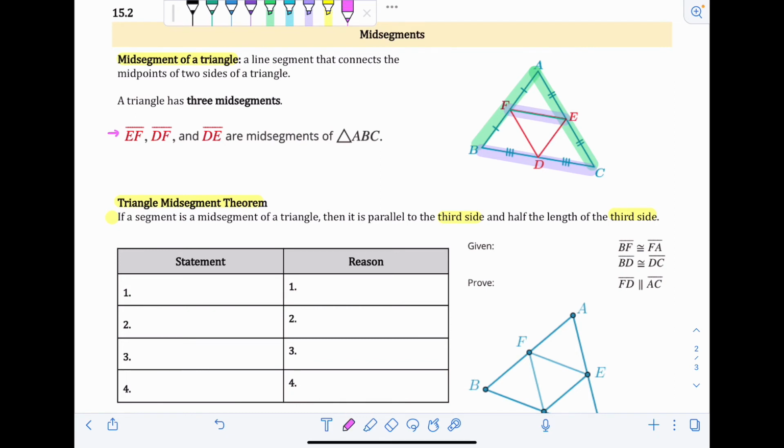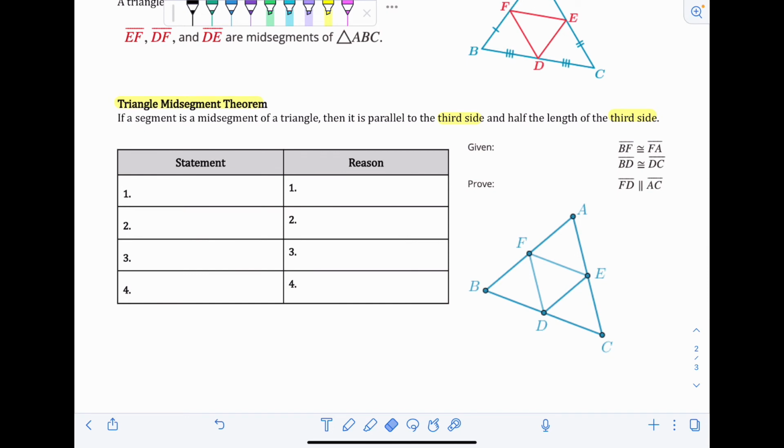And then if we just read through the theorem one more time, if a segment is a midsegment of a triangle, then it's parallel to the third side and half the length of the third side. So that means that FE and BC are parallel, and then FE is also half the length of BC, or BC is double FE. Okay, moving down to the proof.